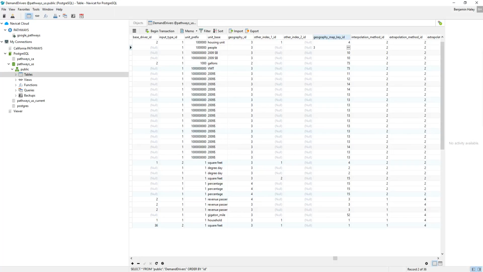So in this case, we actually have a demand driver of population, which is geography map key 3, and so we use that. So what that means is we have the data input on a census division basis. We can actually allocate that down to a county level based on county level GIS population data.